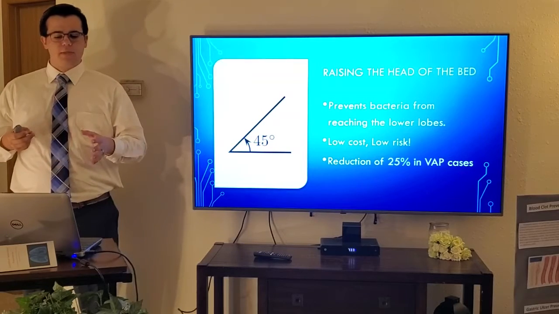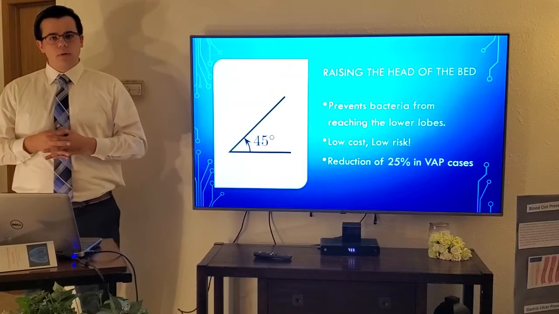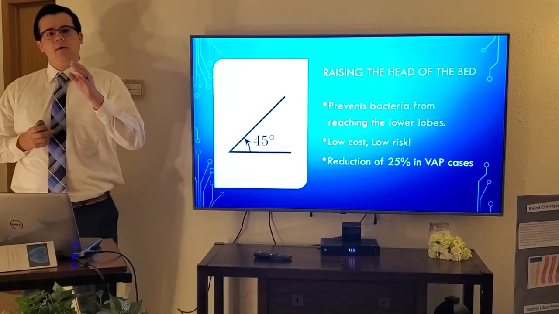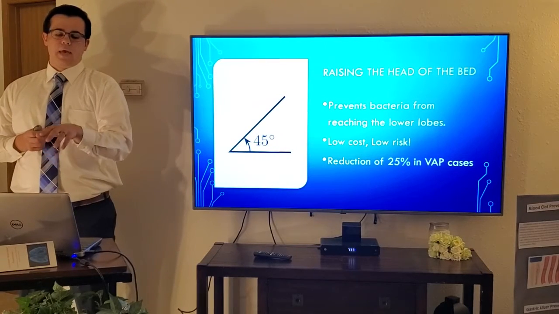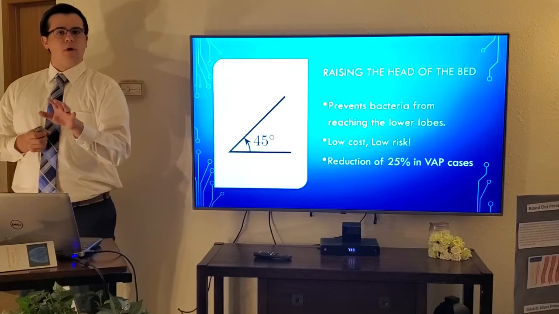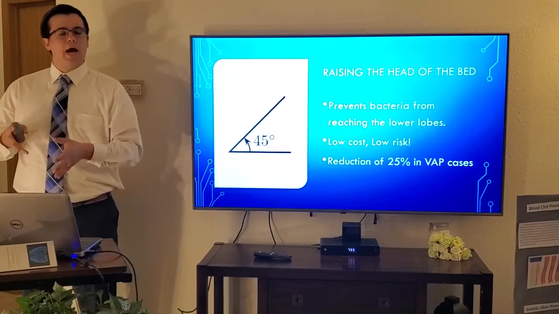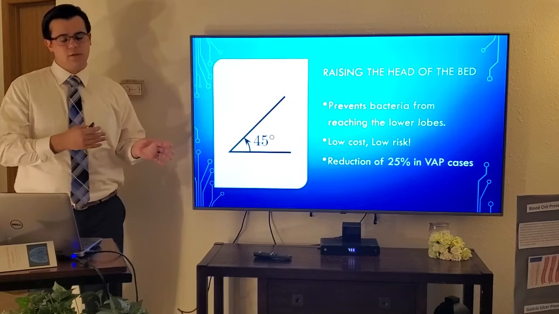A VAP bundle is basically a collective group of treatments used to treat that patient. It's very specific to VAP, but the individual bundle pieces are common things that can also be used to treat other patients as well.